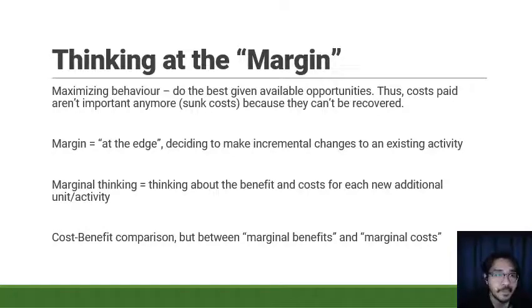It's all about understanding those comparisons. And it's not just a comparison of total costs and total benefits, but rather of the next additional unit of activity that you will partake in.